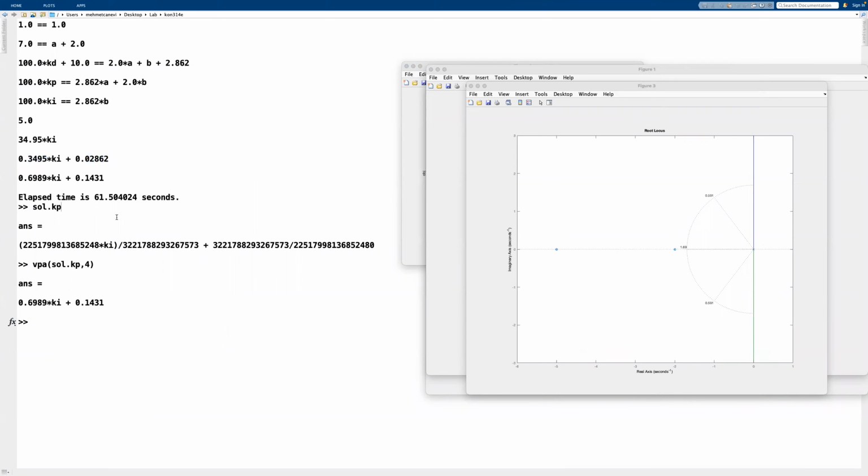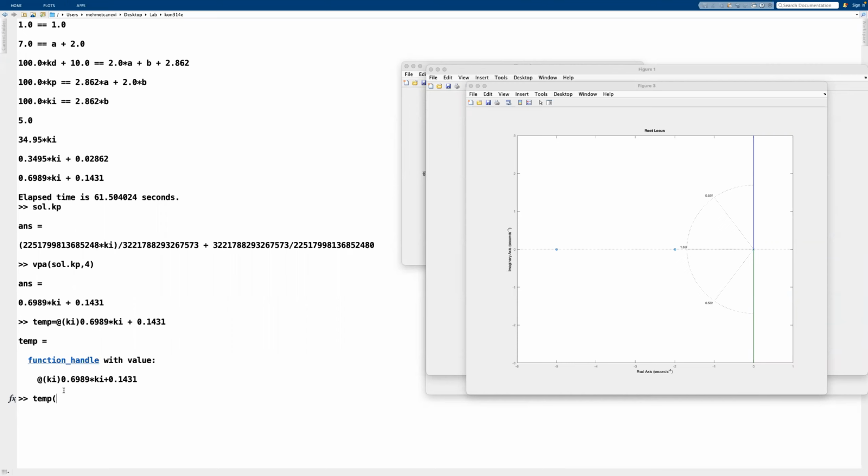It shouldn't waste that much time. What you can manually do, if you have no clue, is define a function that would return the value of ki. If you know what a lambda function is, you could just have ki and then this whole expression here. So let's call it temp.